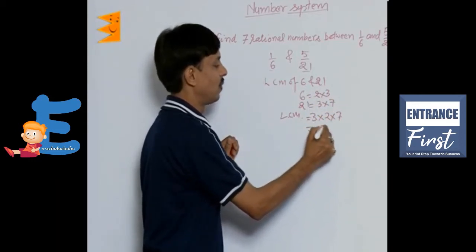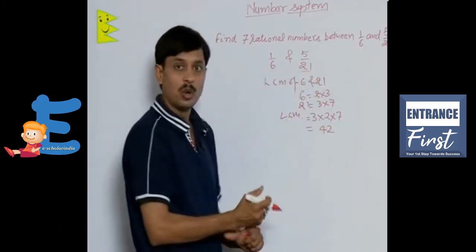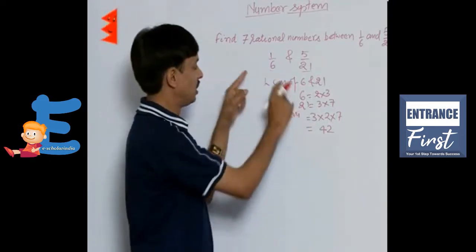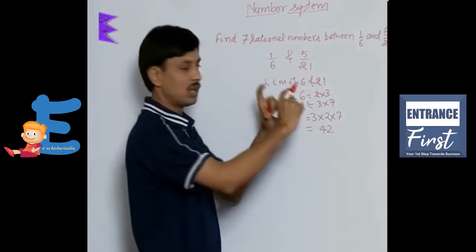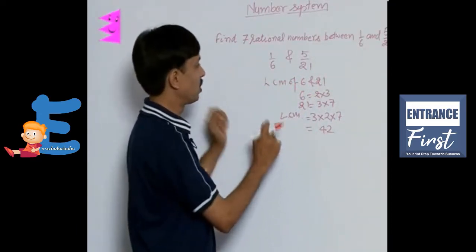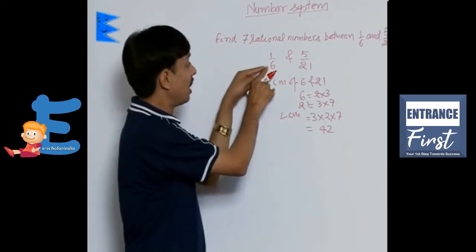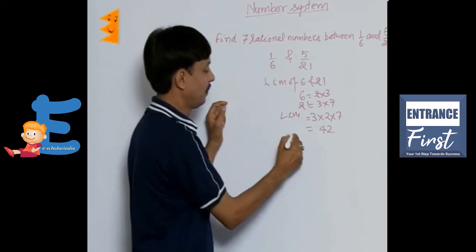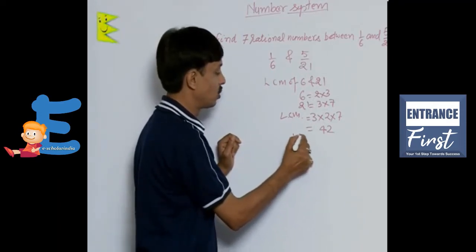So this becomes 42. The LCM of 6 and 21 is 42. So both denominators must be 42. If I multiply the denominator by 7, it is mandatory to multiply the numerator also by 7.